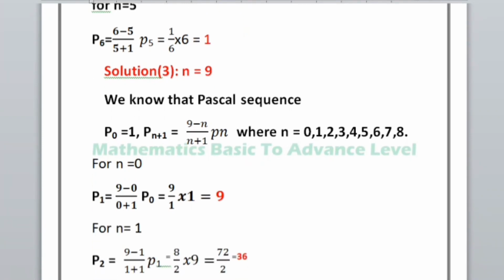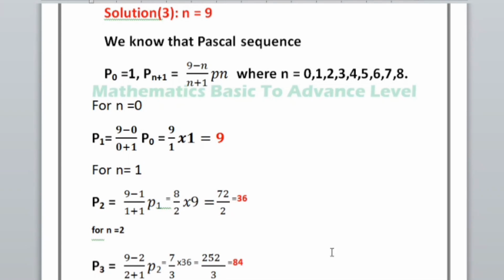Next, for n is equal to 0, p1 is equal to 9 divided by 1 times p naught, which is equal to 9 divided by 1 multiply 1, which is equal to 9. Next, for n is equal to 1, p2 is equal to (9 minus 1) divided by (1 plus 1) times p1. So 9 minus 1 is equal to 8 divided by 2 multiply 9, which is equal to 2 4s are 8, 4 9s are 36.